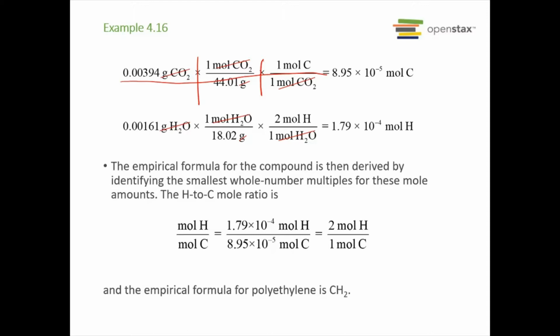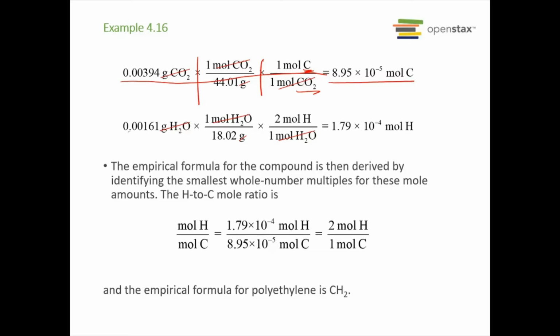And to make that into moles, we use our molar mass. And then in the formula of carbon dioxide, there's 1 carbon for every carbon dioxide. So this is how to go from moles CO2 to moles carbon using the stoichiometric factor. It's the ratio of carbon in carbon dioxide. So this calculates out to 8.95 times 10 to the negative 5th moles of carbon.